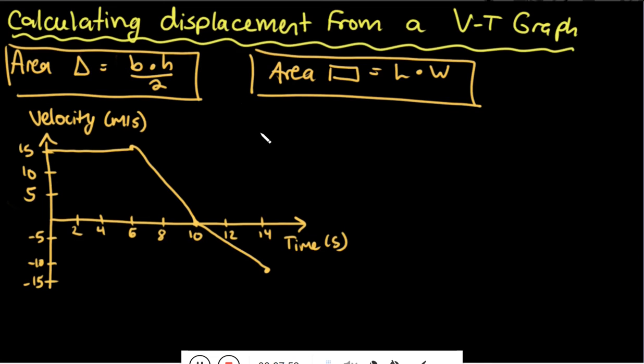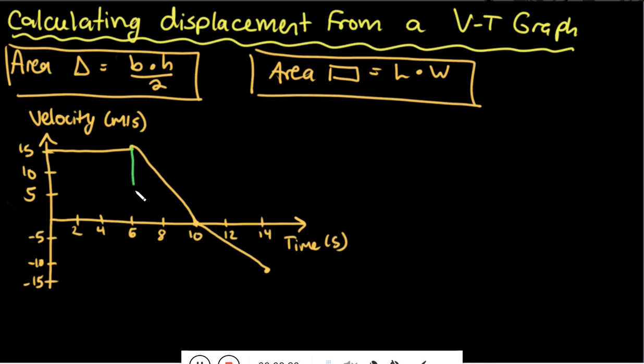Let's take a look at an example. Here we have some kind of object moving at a constant velocity, and then it suddenly starts to change its velocity in the negative direction. And then here we can see that it's still changing in the negative direction. It's just a less steep angle. So let's break it up into 3 sections.